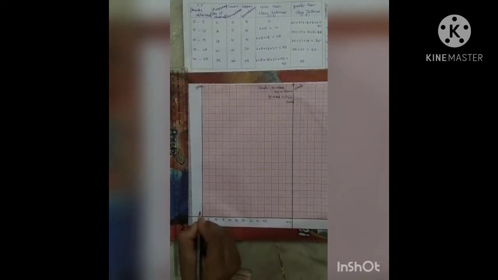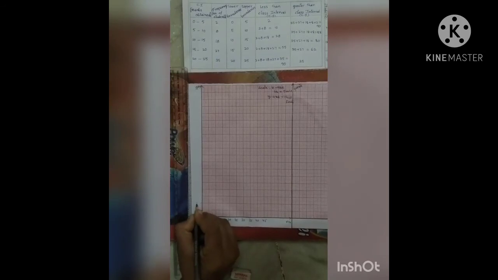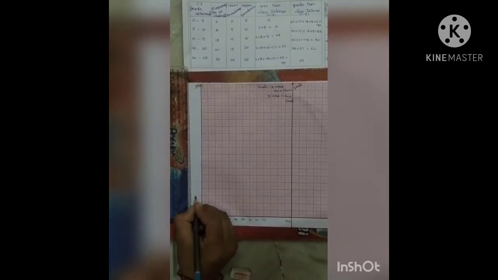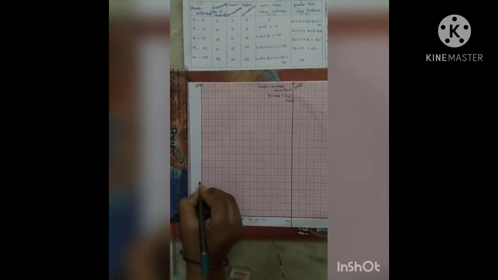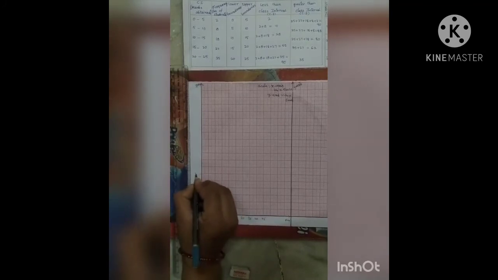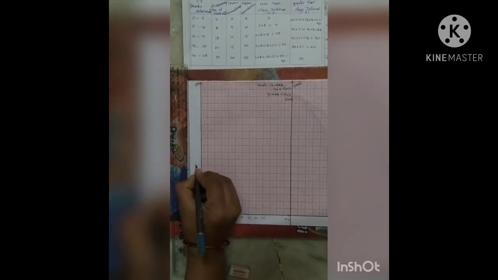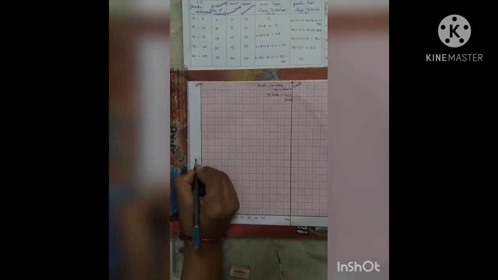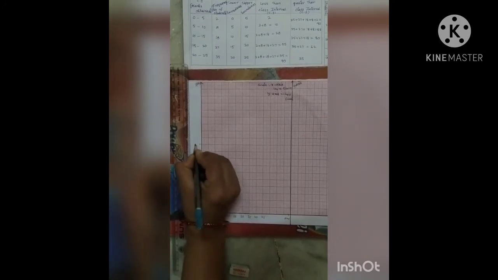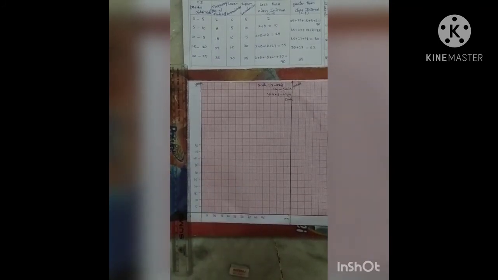Next, the y-axis: 5, 10, 15, 20, 25, 30, 35, 40, 45, 50. We have to take up to 50. No problem.